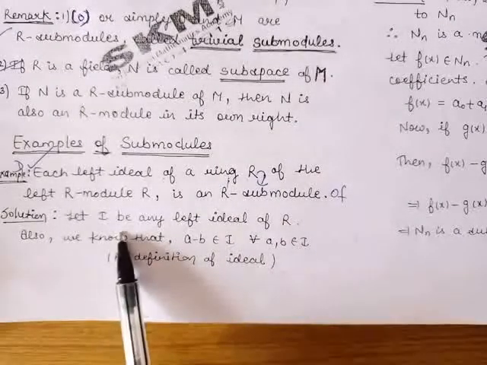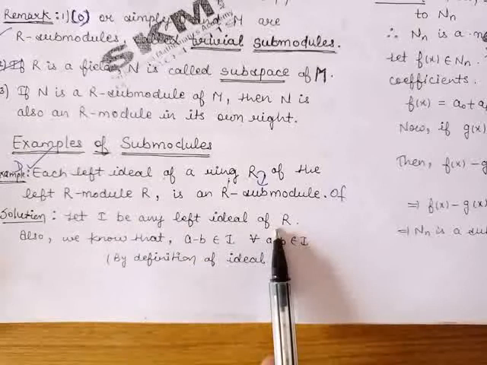In the first example, we will show that if we have a ring R and we take a left ideal of this ring, then this left ideal is an R submodule of the left R module R. To prove this, let I be a left ideal of the ring R. Now let us apply the definition of left ideal.